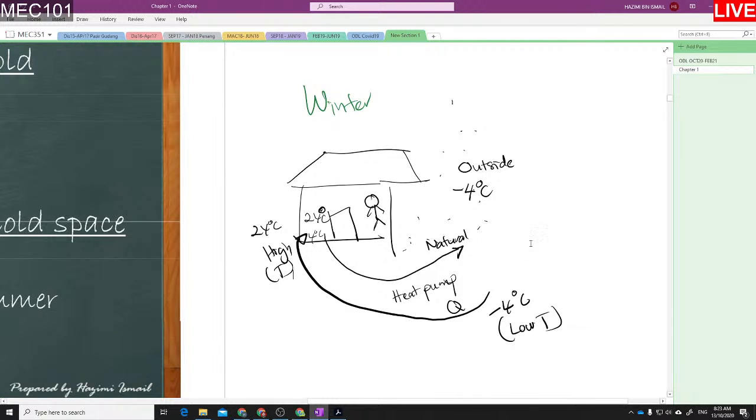So it is the same process as the refrigeration process, but the objective is different, because a heat pump is used to heat the home or your space, while refrigeration wants to cool your room.